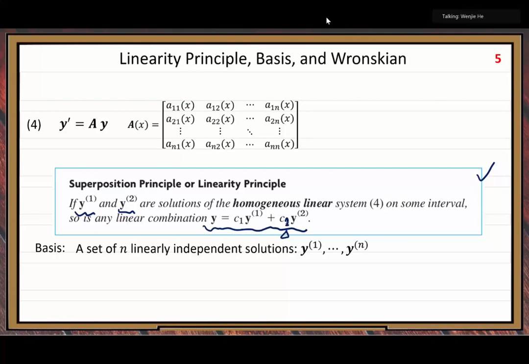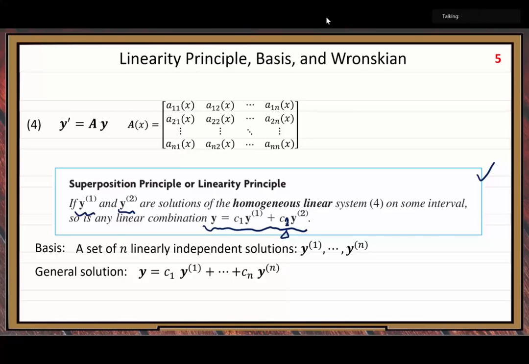You know the meaning of linearly independent, right? We talked about that concept before. Then the general solution can be represented as a linear combination of these n solutions.